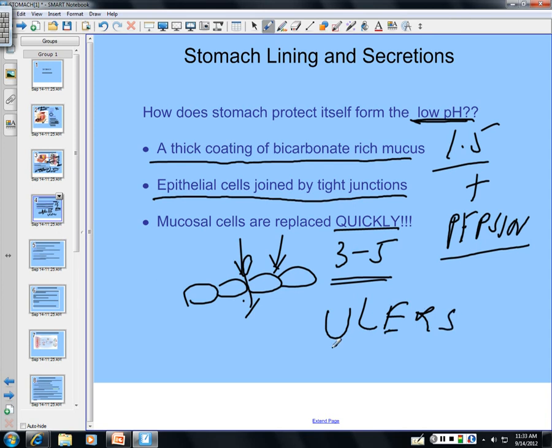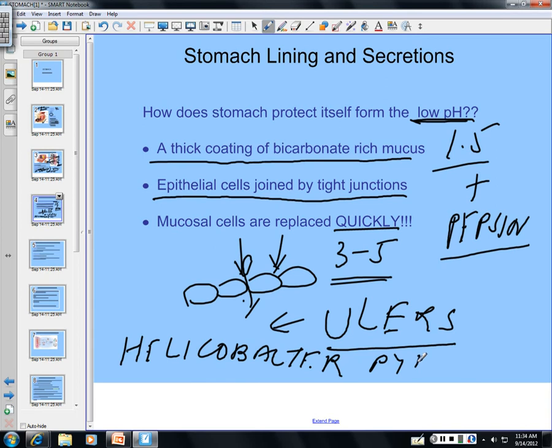For a long time, people blamed ulcers on things like spicy food, smoking, coffee, alcohol, stress, etc. But now it's known that 90% of ulcers are because of an acid-resistant bacteria called Helicobacter pylori. This is the scientific name.